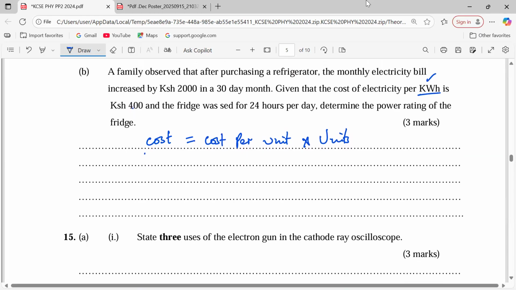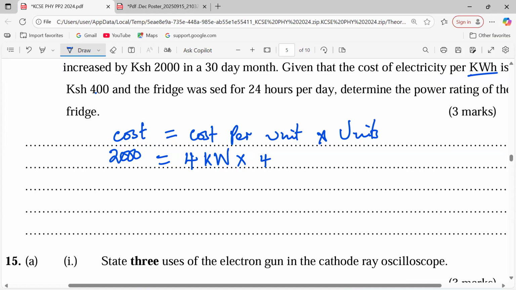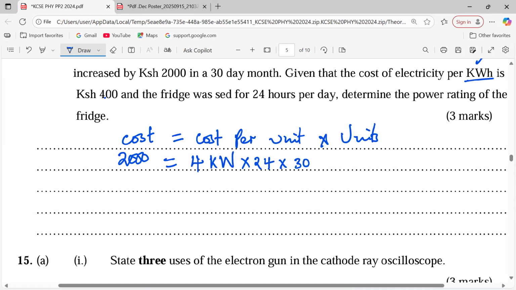Therefore, we will say the cost of 2,000 Kenya shillings is coming from 4, multiplied by the kilowatts, which is the number of units, or rather the power, times the time it was used, which is now going to be 24 hours multiplied by 30 complete days.